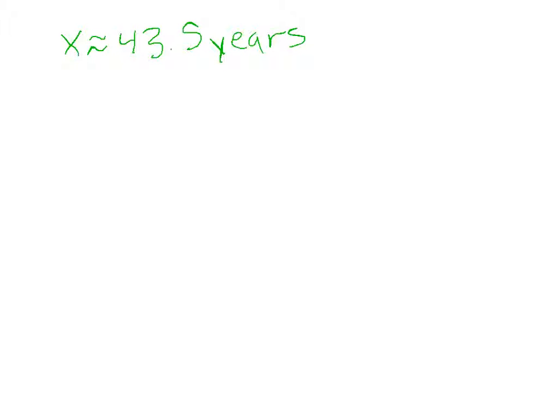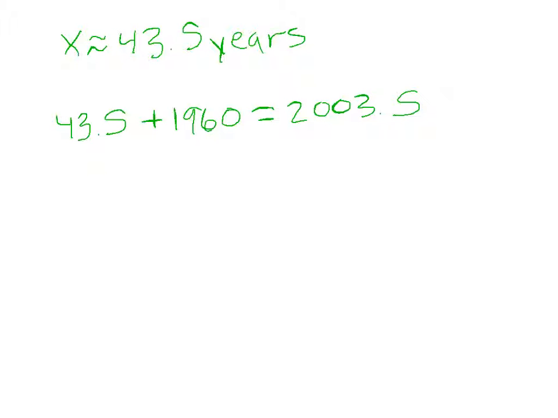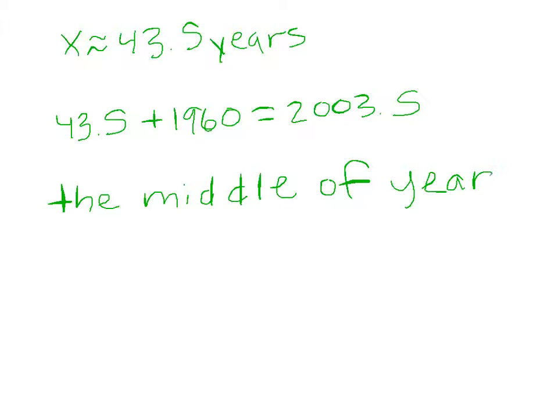Since x equals the amount of years after the year 1960, we can add 43.5 to the year 1960 to get 2003.5. This means that the United States had approximately 2 million teachers in the middle of the year 2003.